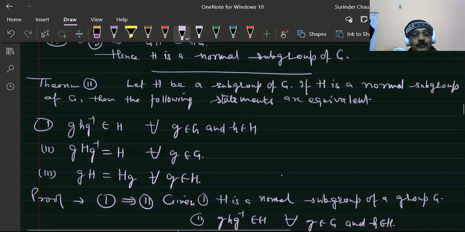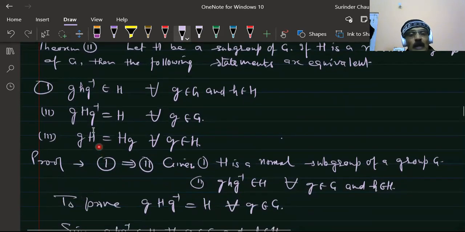So now, first implies second. Let's assume the first: H is a normal subgroup of G. Given is H is a normal subgroup of G, and g h g inverse belongs to H for all g belonging to G, and to prove g H g inverse is equal to H for all g.